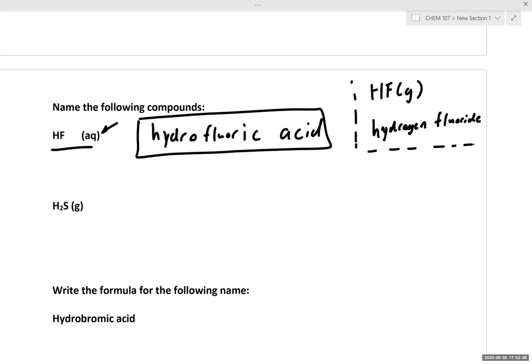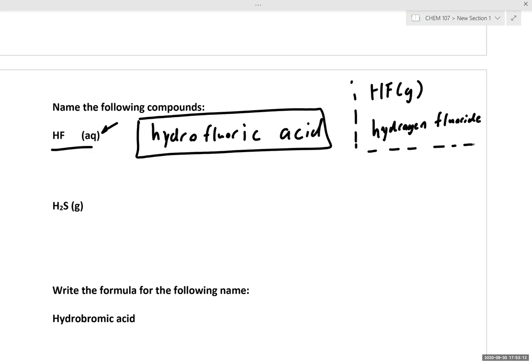So Professor, even if we don't add the word acid in the gaseous state, are they still acids? Yes. Like HF gas is still an acid, right? Yes, it's still an acid, but you don't put acid at the end of the name. Okay, got it.